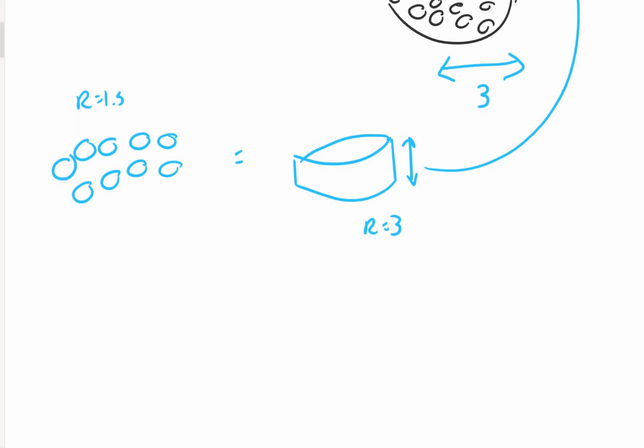Let's get the volume of one of these, then we can multiply it by 9 to get the volume of all of it. So volume equals 4/3 pi r cubed. Volume equals 4/3, we leave it as pi, multiplied by 1.5 cubed.